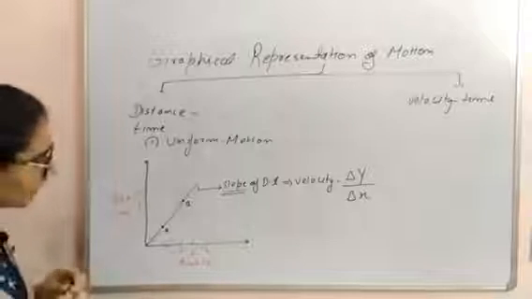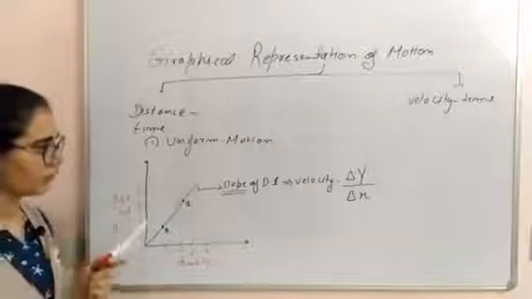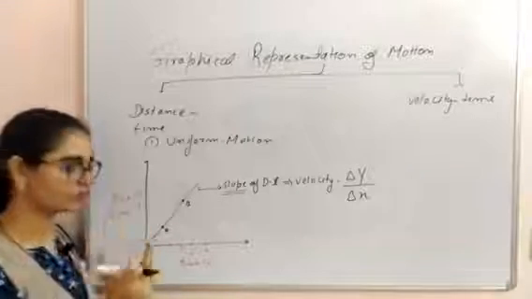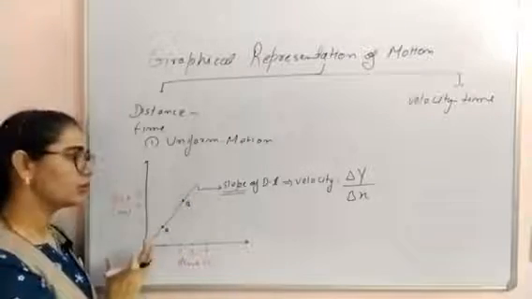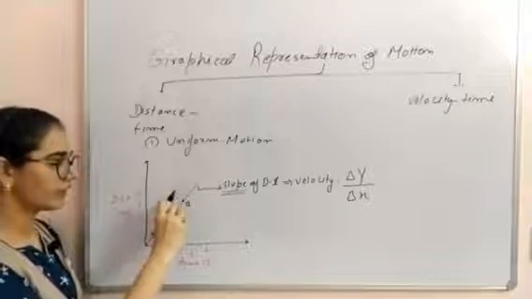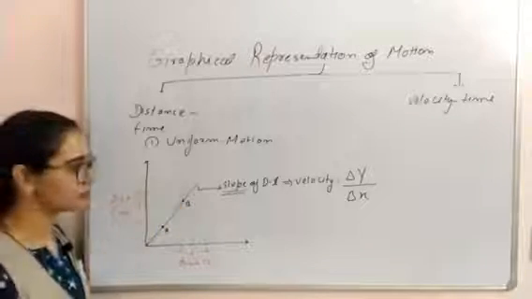Clear? Now, if you calculate the value of slope AB, the value of AB slope will be equal to the value of the complete slope.